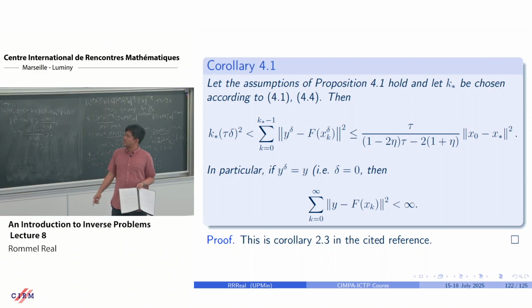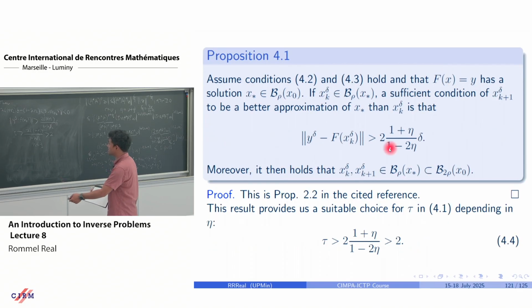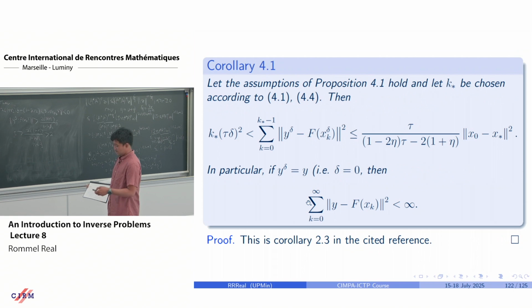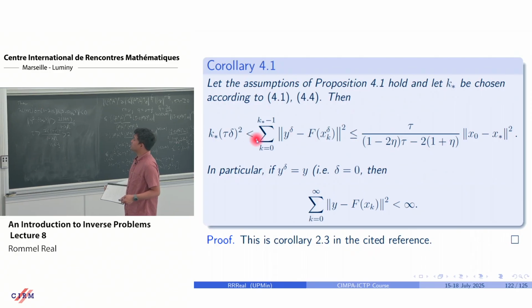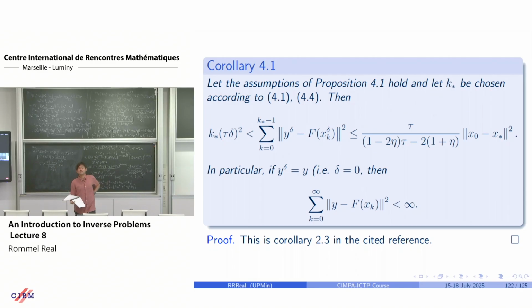Note 4.1 is the discrepancy principle, and 4.4 is our choice of tau. And this tells us that this inequality holds. And from this inequality, we can show that k star is bounded above by a constant. Therefore, k star must be finite. That means by using the discrepancy principle, you must terminate at a finite number of iterations.